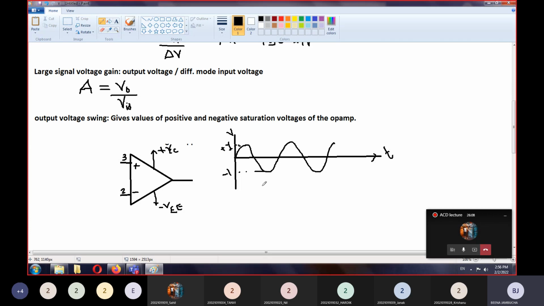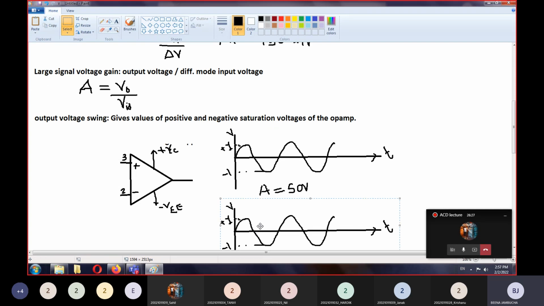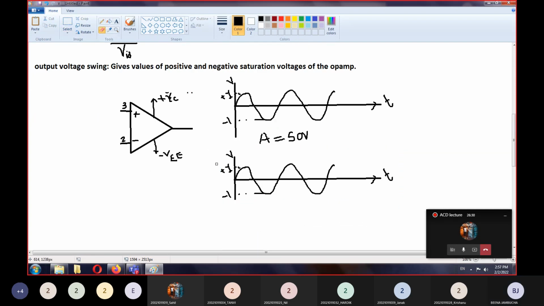And let's say the differential gain is 50, for example. Then what should be our output? Theoretically, your output should be 50 times your input voltage. So theoretically, it will be 50 and minus 50, right?